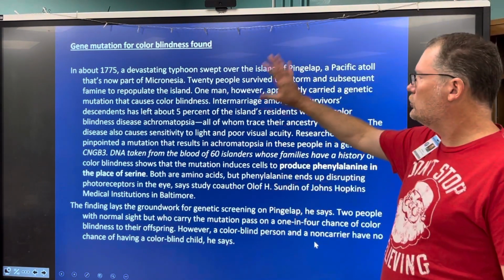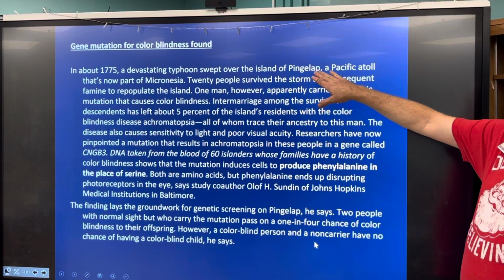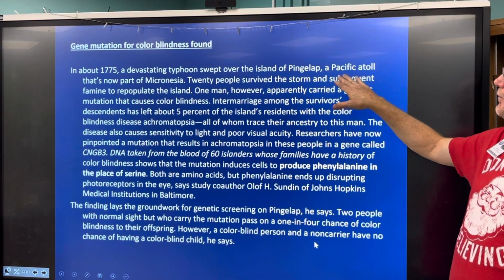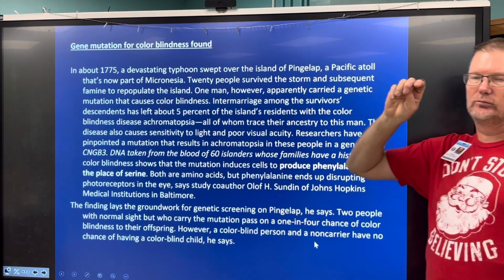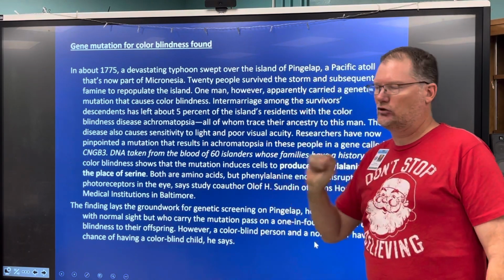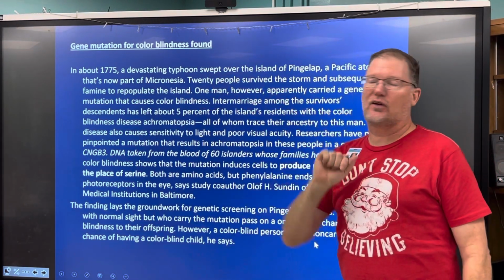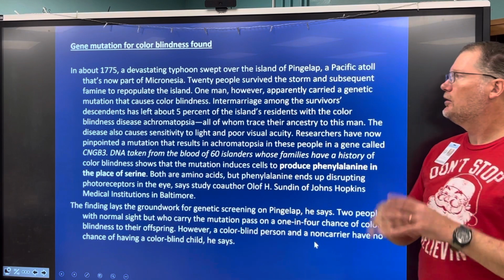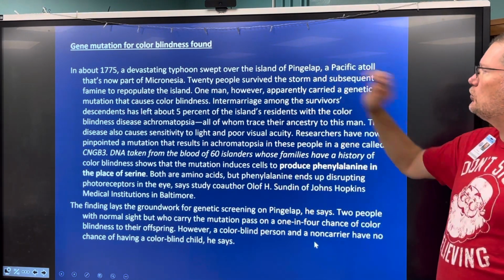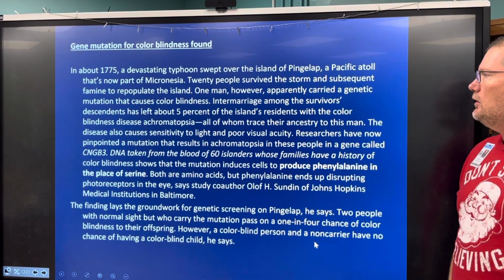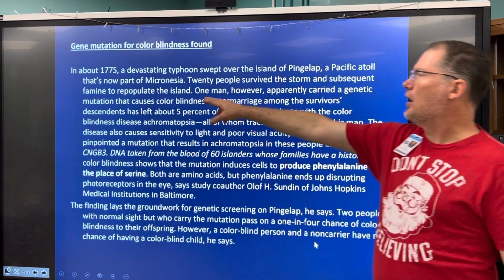Okay, so long story short, there's this island called Pingelap in Micronesia, which is like Southeast Asia, and it got devastated by a typhoon in 1775. Big storm. Only 20 people survived, and they were the ones that repopulated the island.